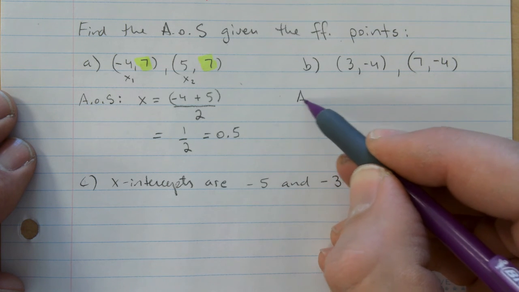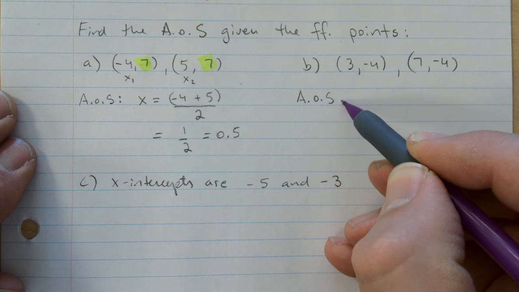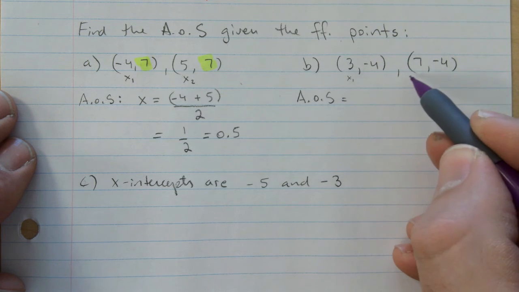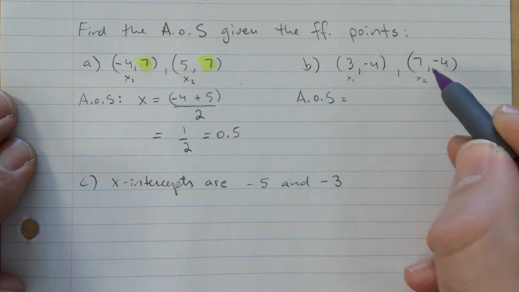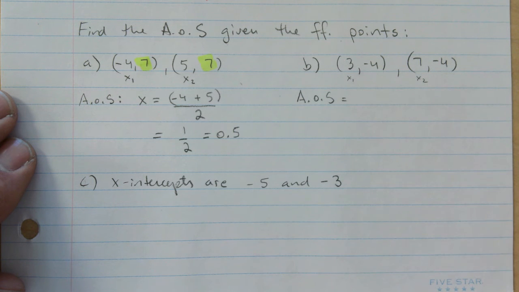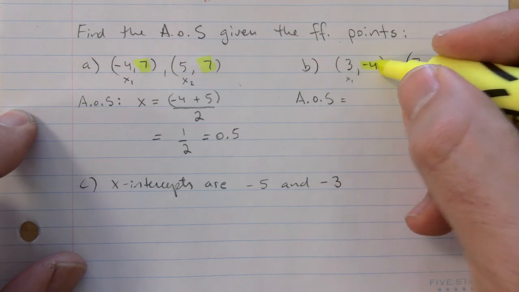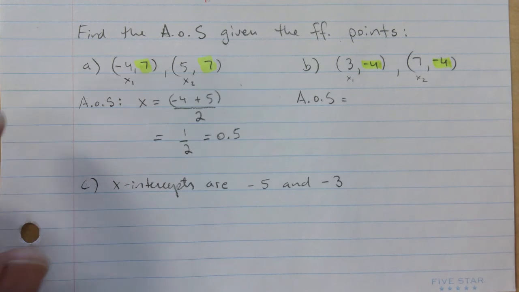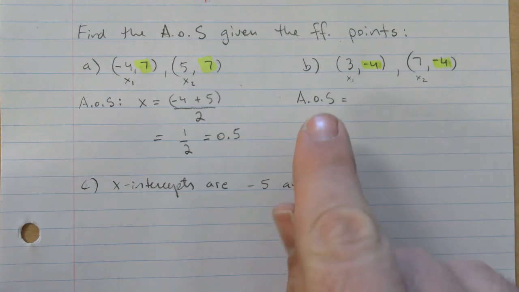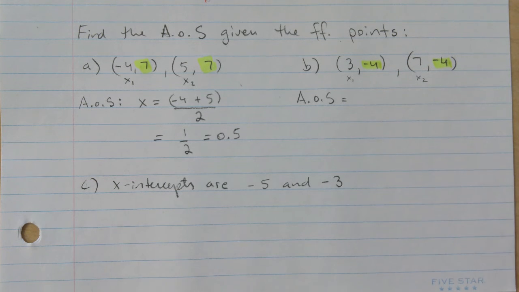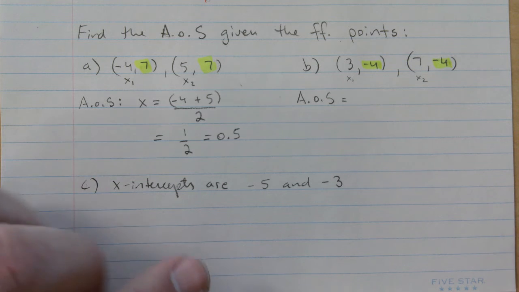For B, axis of symmetry. Again, this is x1, this is x2. It doesn't matter which one you call x1 and x2, really. You just have to stick with one. And again, you have -4 there and -4 there. So you can do this. You cannot do this if these y values are different, because then they're not at the same height, which means that the distance to the middle is different.